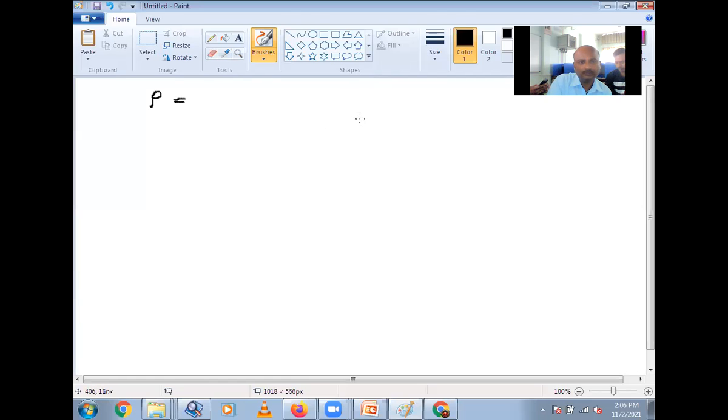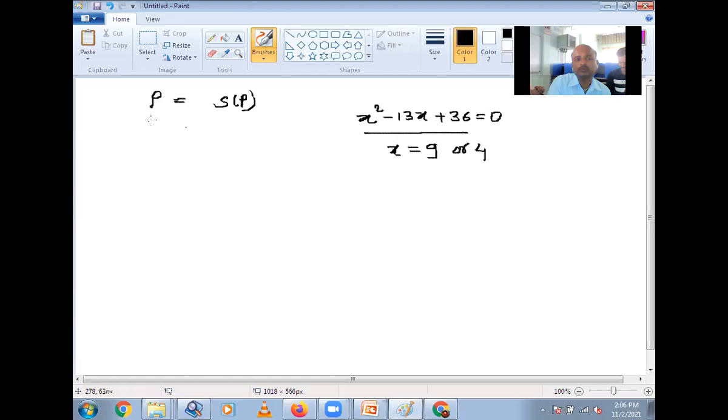For example, the first example I have given, x square minus 13x plus 36 is equal to 0. It is easy to solve, you will get x is equal to 9 or 4. So this problem is small, so find the solution of this problem.